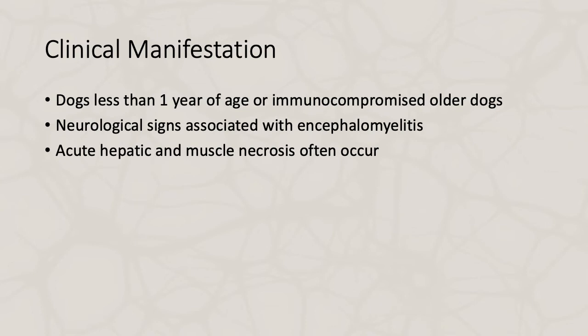In the diagnosis of toxoplasmosis or neosporosis neurologic infection, abnormal hematologic parameters may include non-regenerative anemia, neutrophilic leukocytosis, lymphocytosis, or eosinophilia. Serum ALT or AST may be increased, especially in dogs with acute hepatic and muscular necrosis.